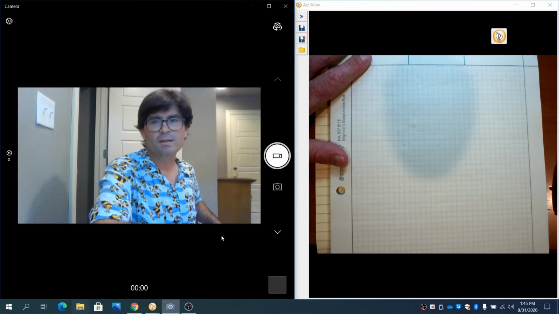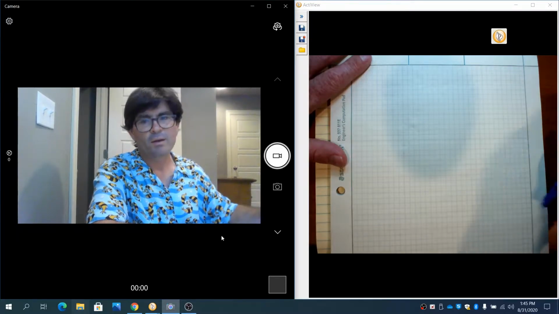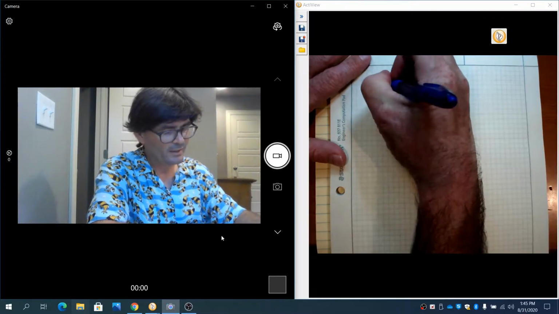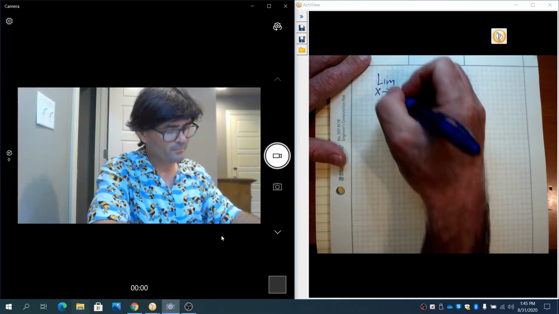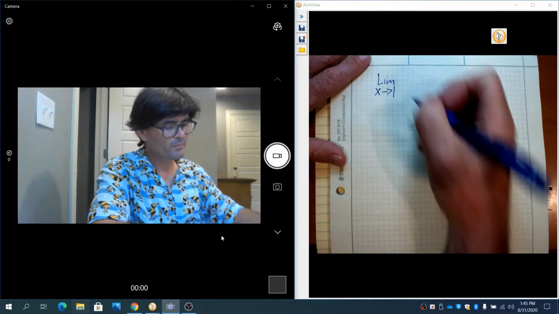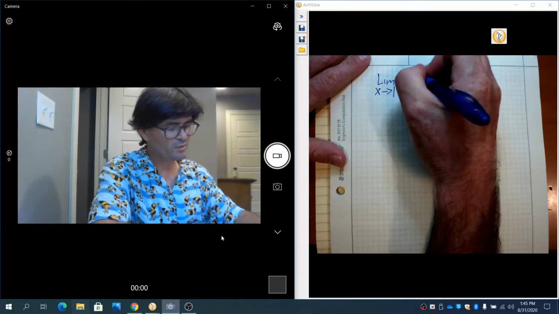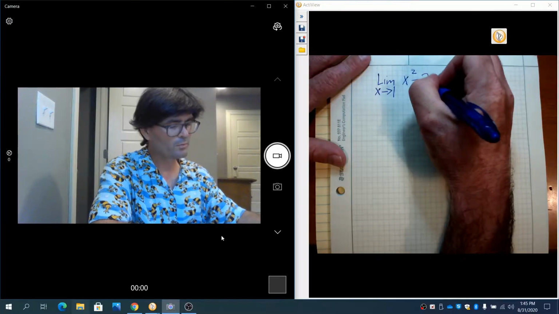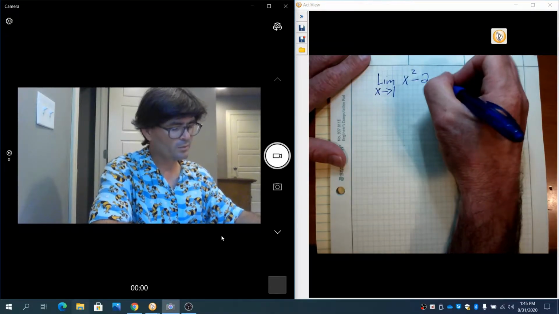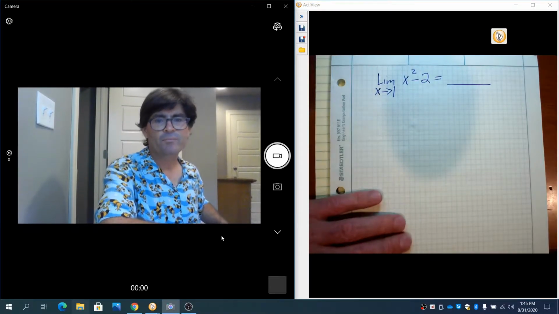So I'm going to write down a function, and I'm going to write down lim, as x goes to 1, of the function x squared minus 2, and just do equal like that.